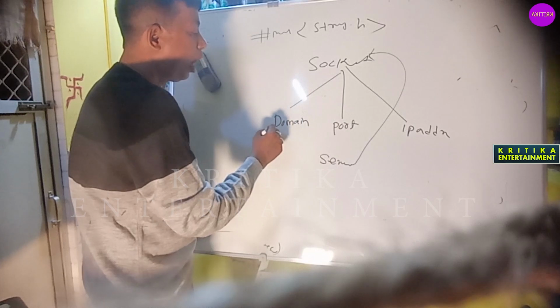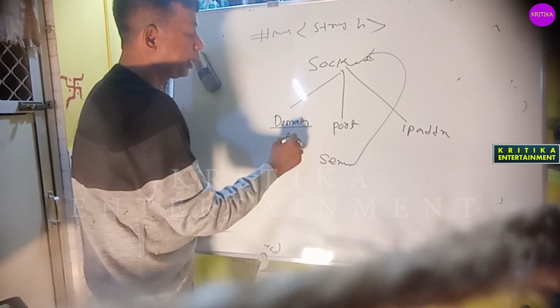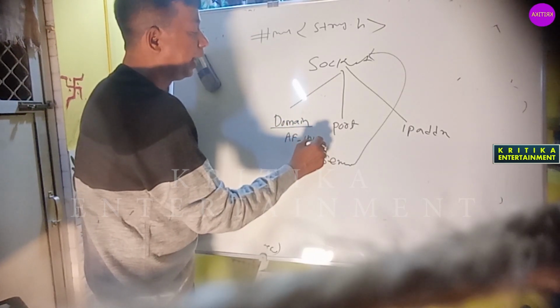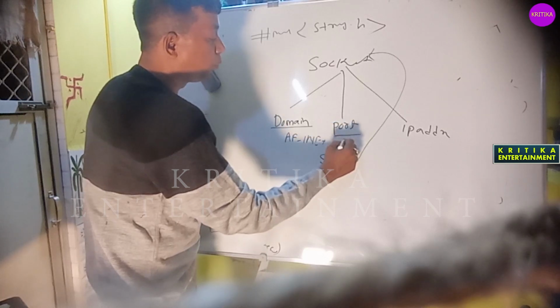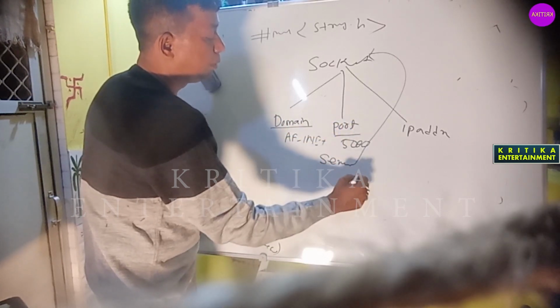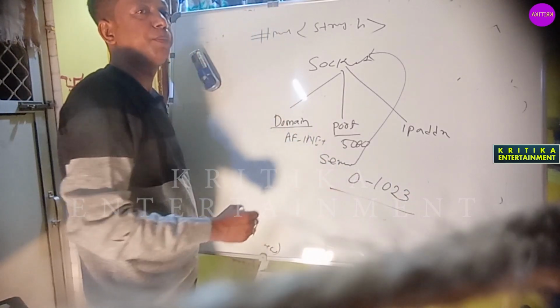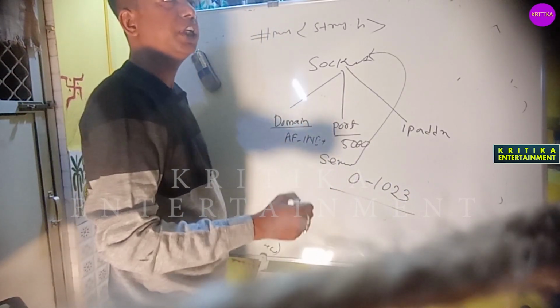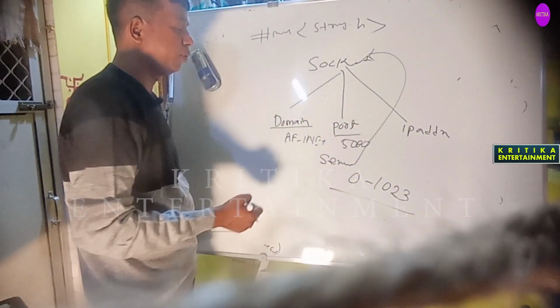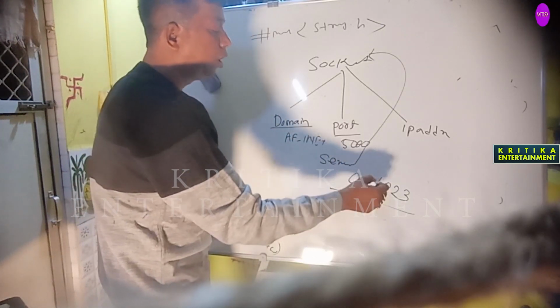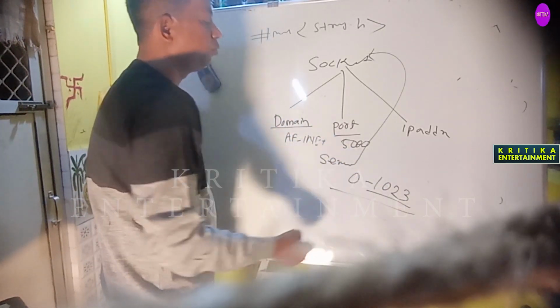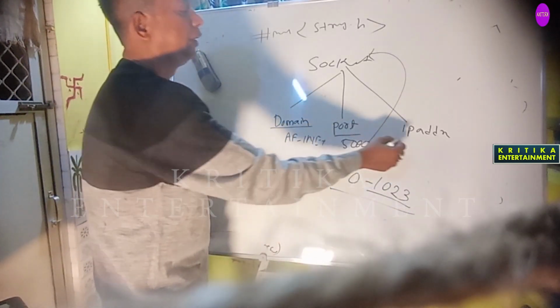The domain is AF_INET, and the port I'll assign 5000. You remember 0 to 1023 are predefined ports. Predefined port means it is already associated with predefined programs, so I'll use a port above 1023.